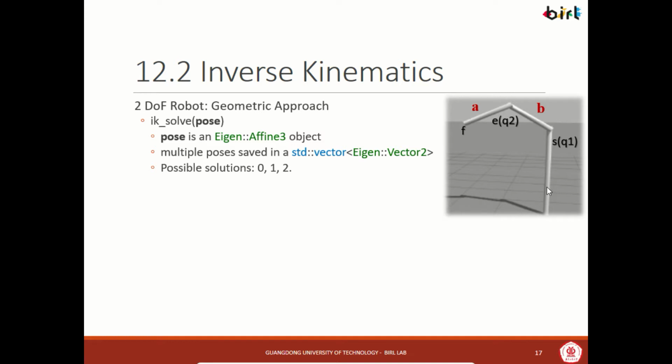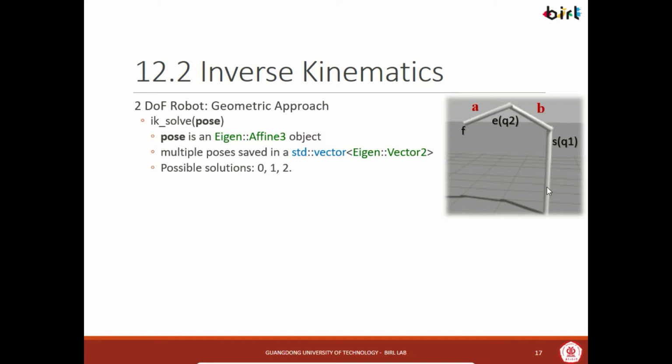Or in this case, for the 2 degree of freedom case, we don't have the orientation, I'm sorry. So we just take the pose as an Eigen Affine3 type. Eigen is, as you know, a linear algebra library, and the Affine3 object here would take an XYZ point.